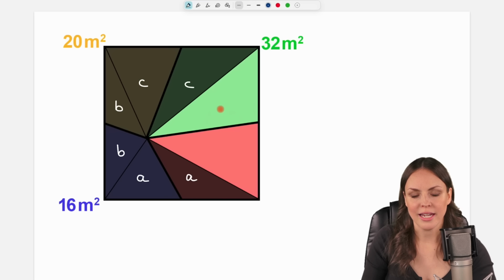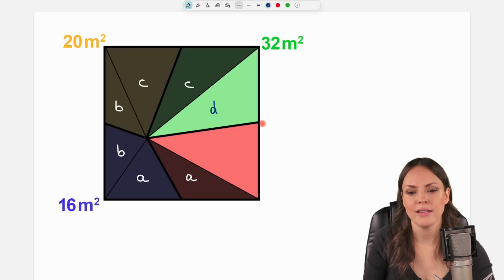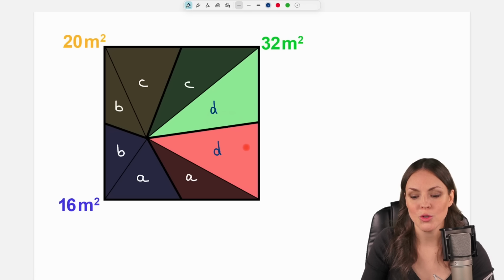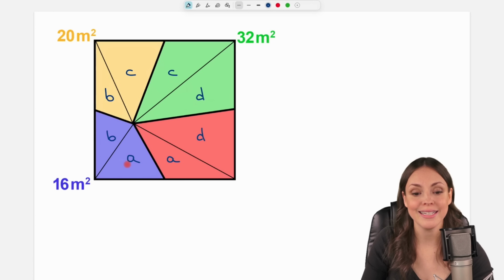And the same thing for these two last areas. They share the same base and the same height, so they have the same areas. So in total, we found A, B, C, and D areas. We have A twice, B twice, C twice, and D twice.